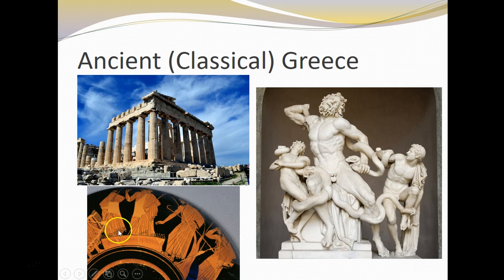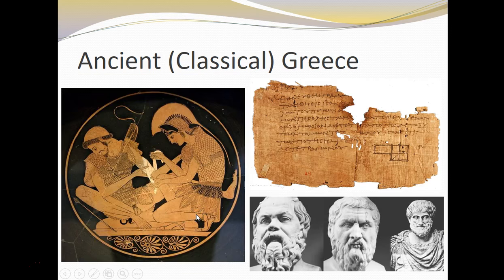And of course, on this one here, we can see democracy was taking place in some city-states in Greece. Here it's on a vase. Also, big impact on Western medicine, mathematics. Here we can see a piece of Pythagoras there.